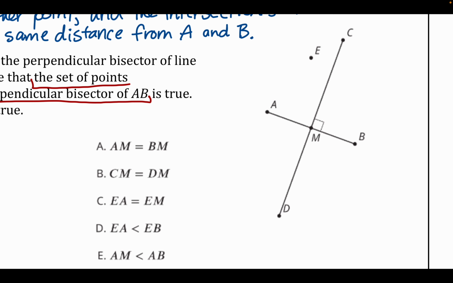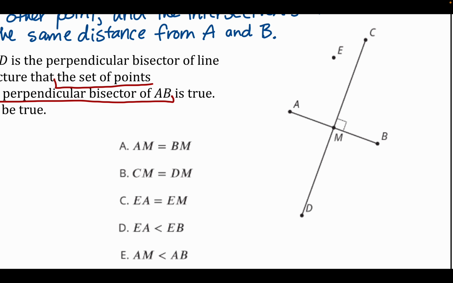But I like to add things to my diagram first that I just know, because then that helps me with deciding which pieces could be true. So because they told me it's a perpendicular bisector, I am very happy to see that I have my perpendicular symbol here, meaning it makes a 90-degree angle.